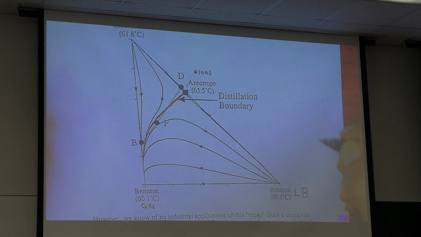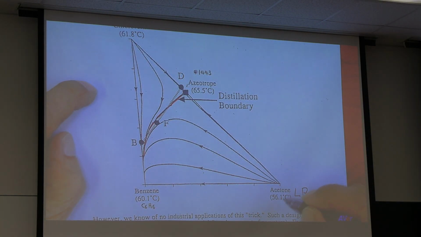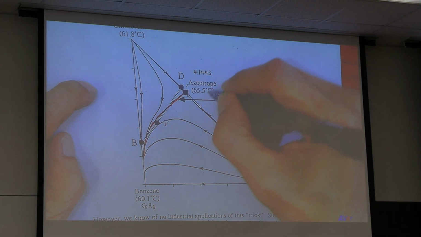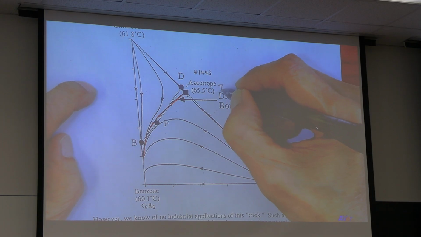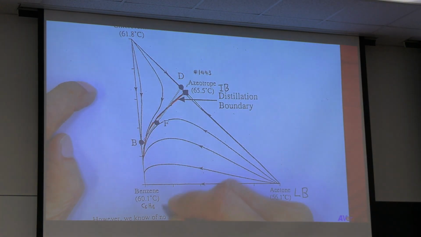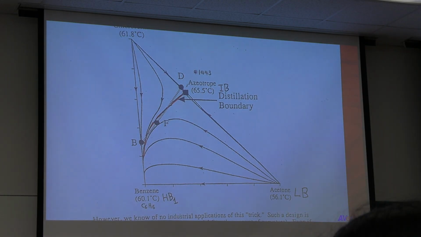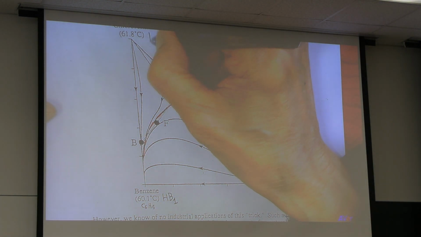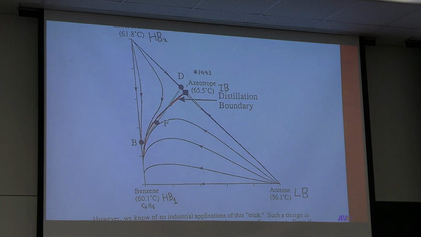Lowest boiling. In this region, 56.1, 65.5, IB, HB1. That is HB2. What's special about this?